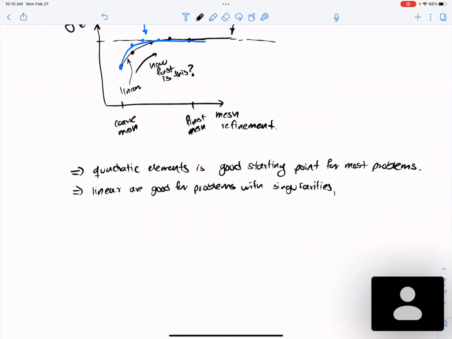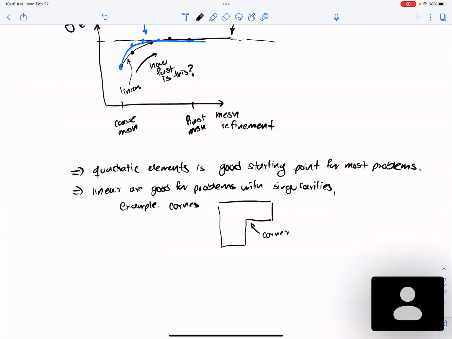So linear elements are good for problems with singularities. What do I mean by singularities? When you have corners, if you have sharp corners, something like this, then you will have some stress concentration there. And the problem is that when you have these types of singularities, even if you use quadratic elements, your convergence drops.